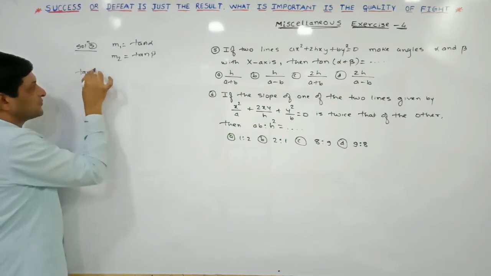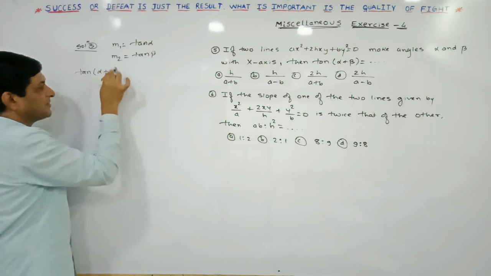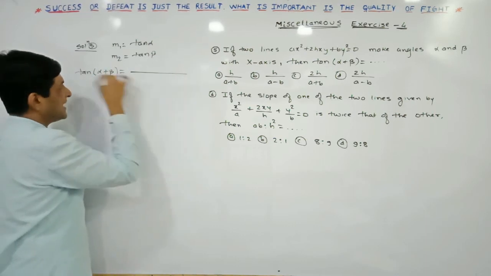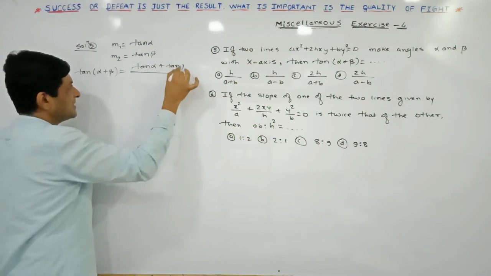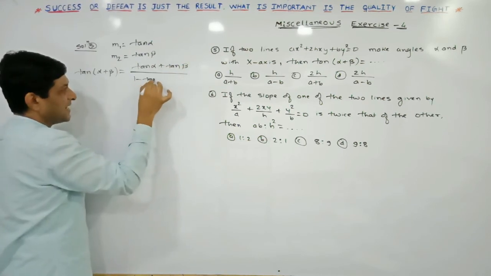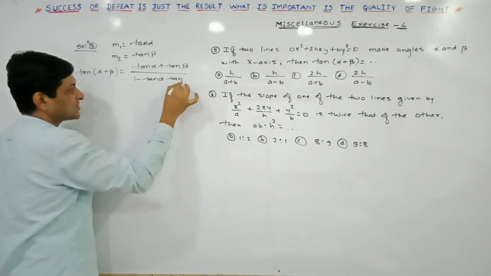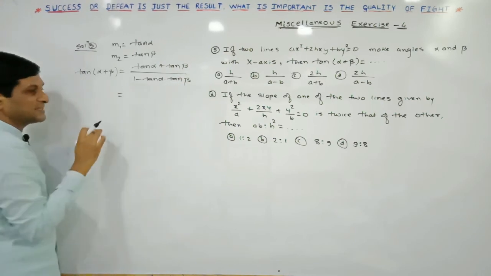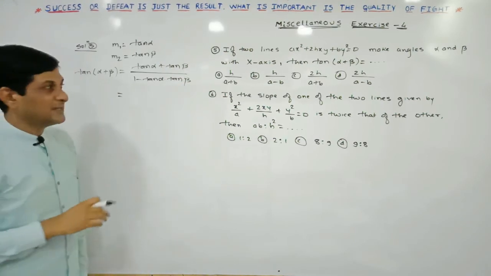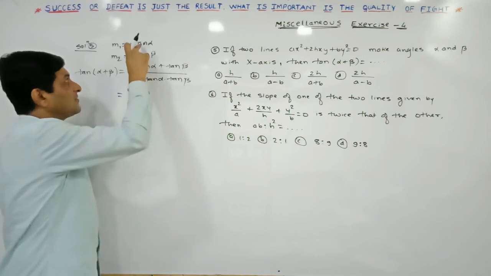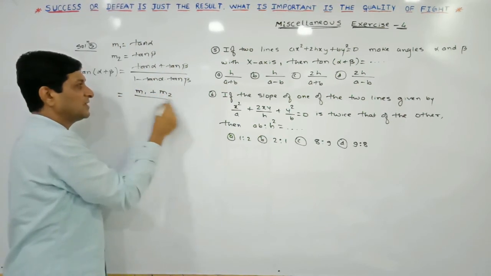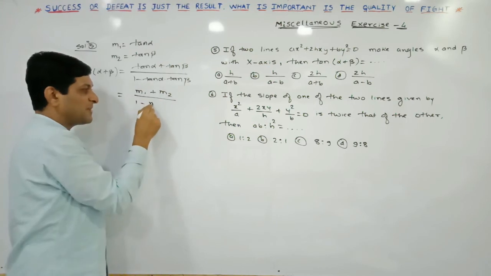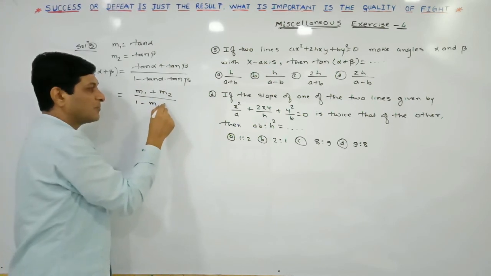So let us try to find our required value, tan(alpha plus beta). We know that tan(alpha plus beta) will be equal to (tan alpha plus tan beta) upon (1 minus tan alpha into tan beta). Such a formula we have proved in 11th standard in trigonometry. Now we replace tan alpha by m1 and tan beta by m2, in the denominator also.